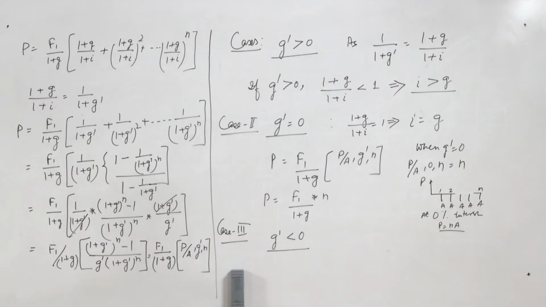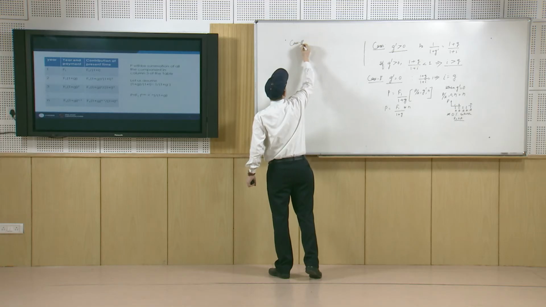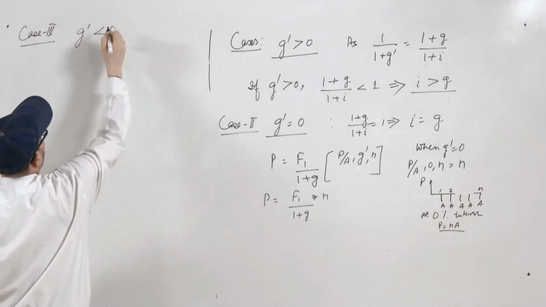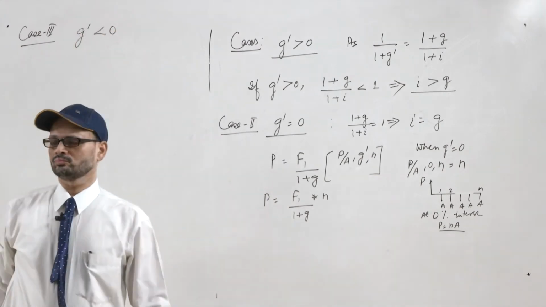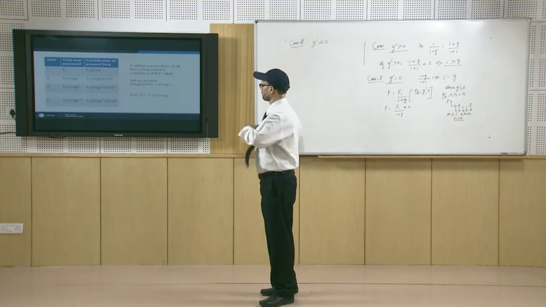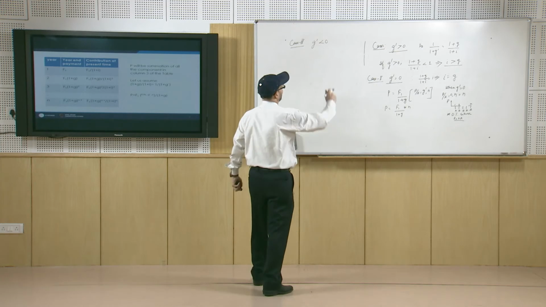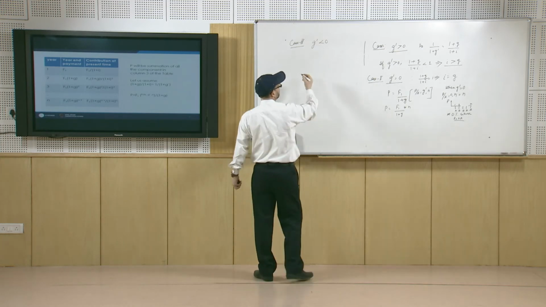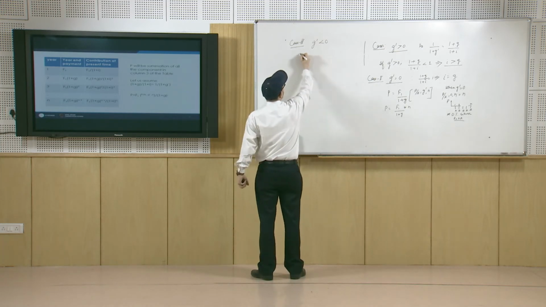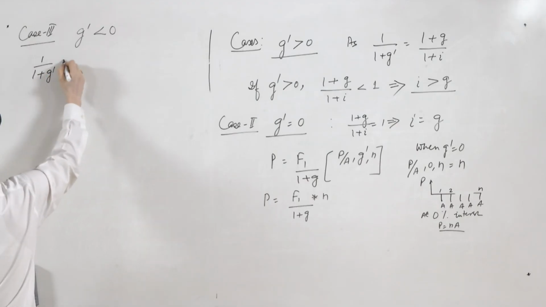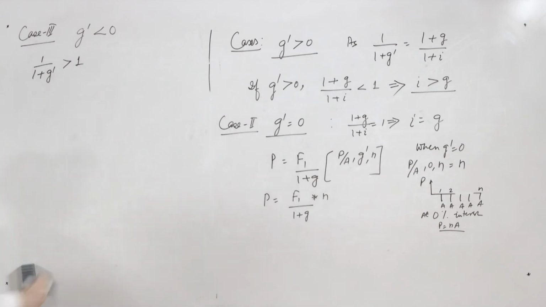Let us find it at the top. So, case 3 is g prime less than 0. Now, in this case, what happens? Since g prime is less than 0, 1 by 1 plus g prime will be more than 1.